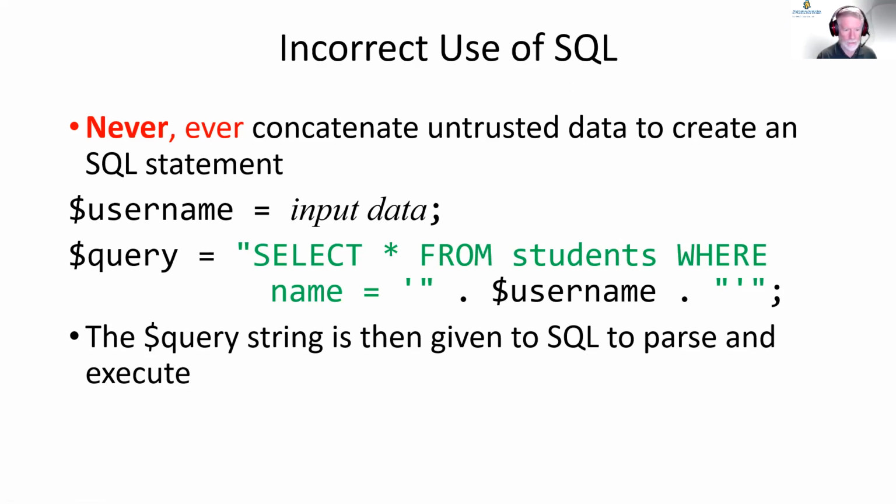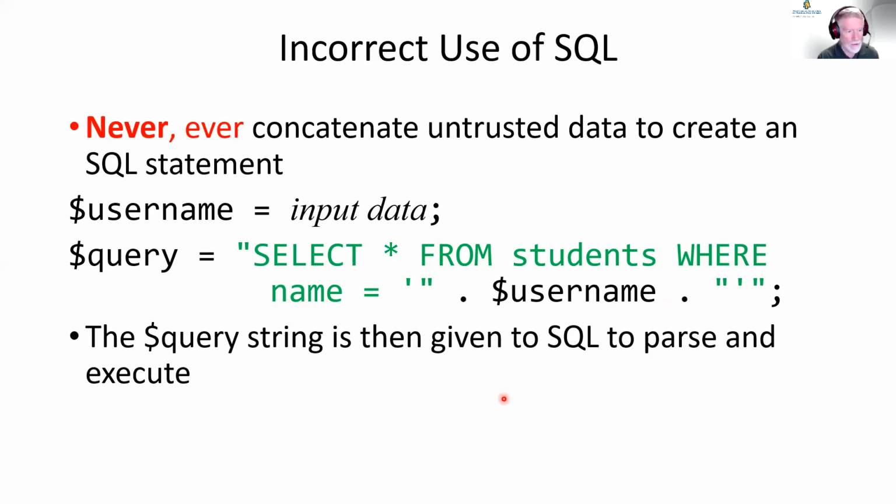Okay, so here in this example, we have a variable I call username, just because it seems like a really good input, and we'll get it from the user somehow. Assume that you've typed it into a form and it's been sent off to the server. And the server then takes a string, I call it query, and it's a standard SQL sort of thing: select star, which means select everything, from the table students, where name, being the column, equals the username.